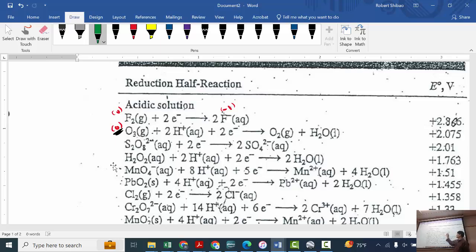That one oxygen that gains 2 electrons ends up in water, where the oxidation state went from an average of 0 to minus 2. The oxidation state of oxygen in water is minus 2. And the oxidation state of oxygen in O2 is 0. So 2 of the oxygens stayed 0, and then one of the oxygens went to minus 2.